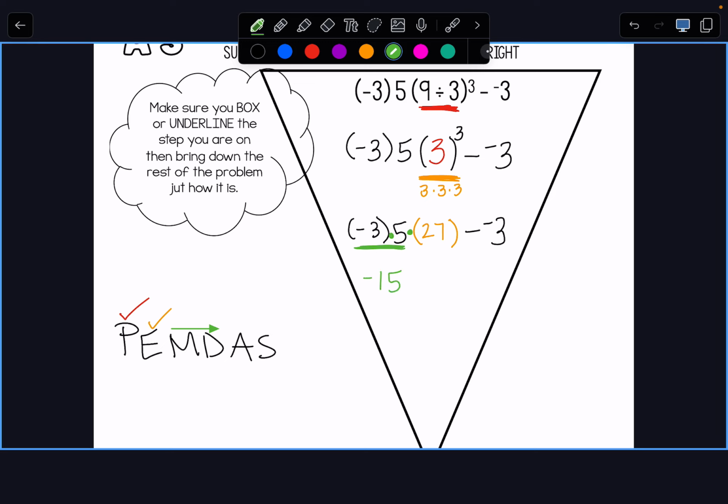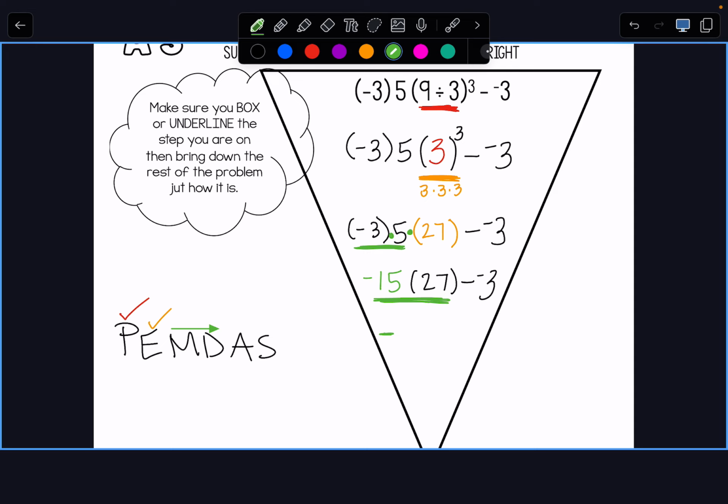Negative 15. And then we'll bring down whatever else we did not use. Well, now we have multiplication again. We have negative 15 times 27. Now, first of all, is it going to be positive or negative? Negative. So I'm just going to write that it's negative.